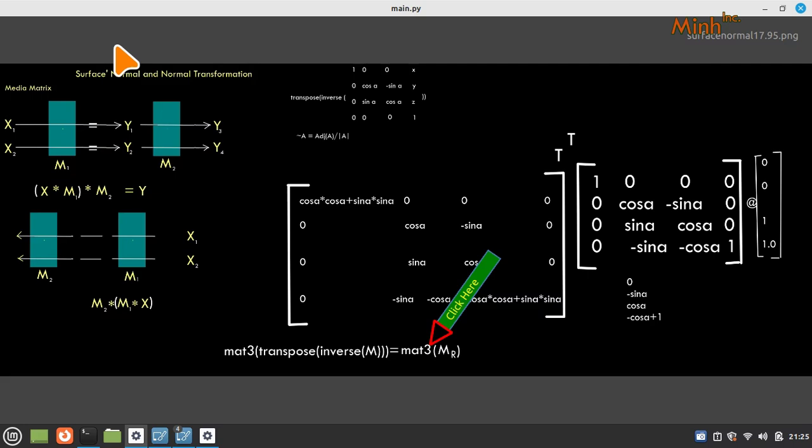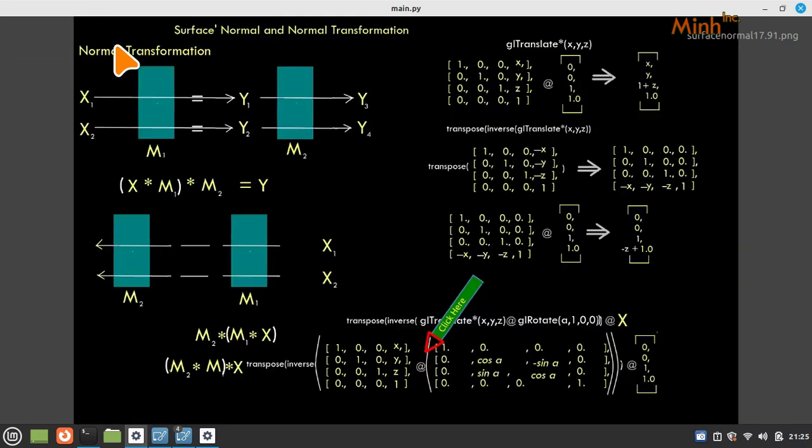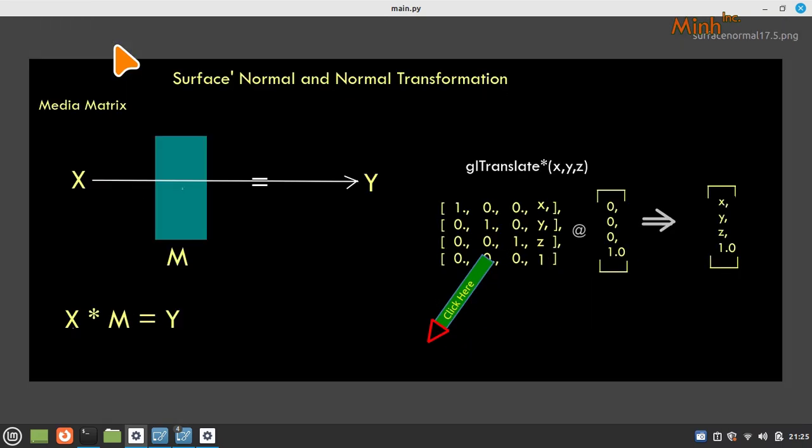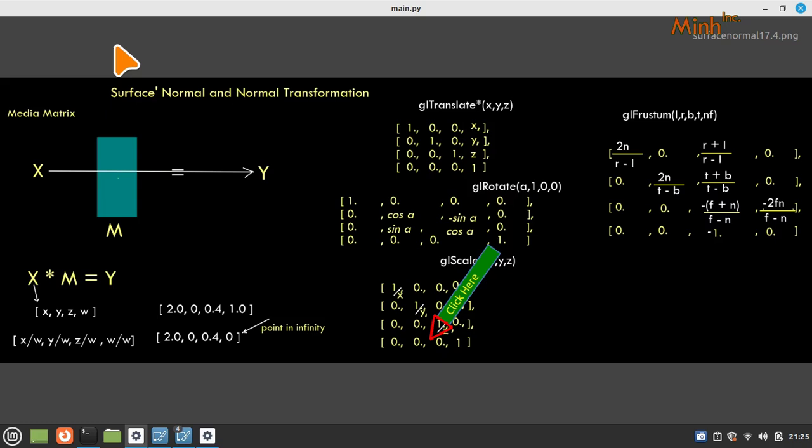Now if I see the matrices, translation changes the fourth column. If I do the transpose, inverse and transpose, this fourth column becomes the fourth row. The first 3 rows and first 3 columns are only for rotation and they never change.